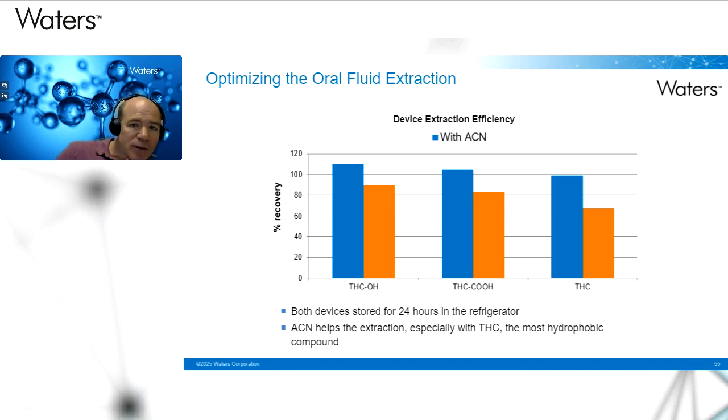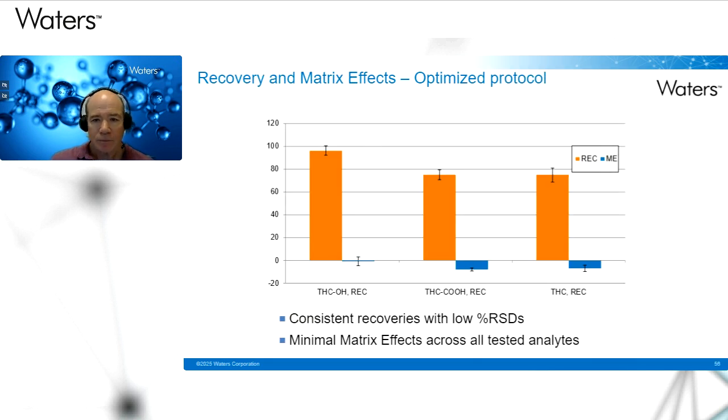But adding a little bit of acetonitrile in this case really improved our recovery by 20 or 30%. And so we think what was happening there is we were getting absorption of these compounds onto the polymeric pad that's used for collection. Again, looking at this modified method, excellent recoveries, very low matrix effects, give us a nice clean method we can rely on.